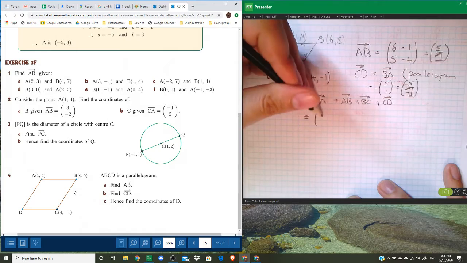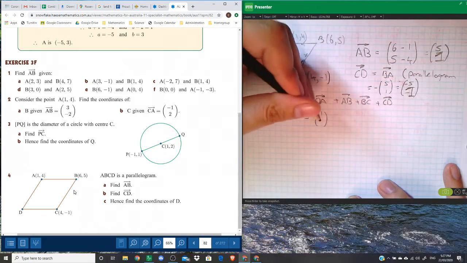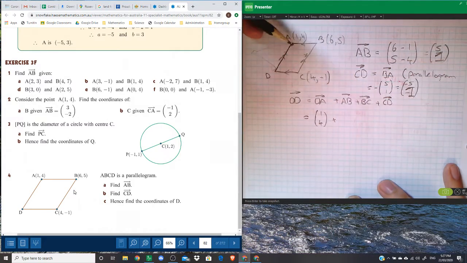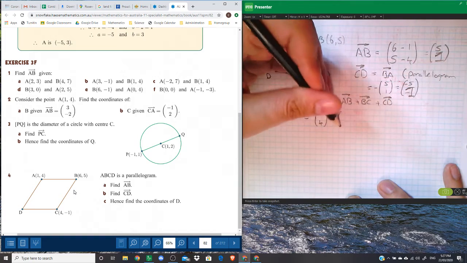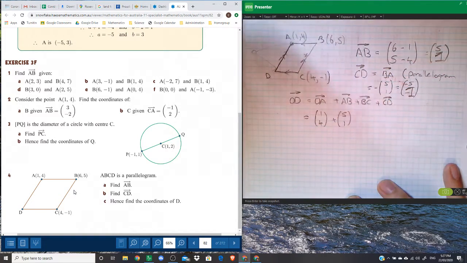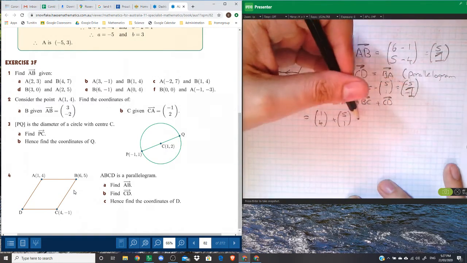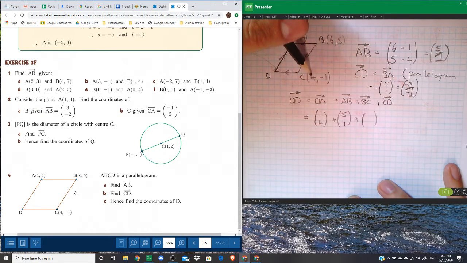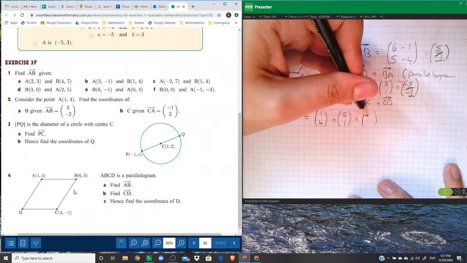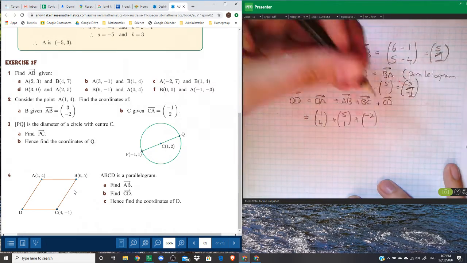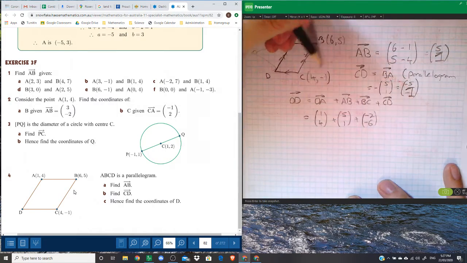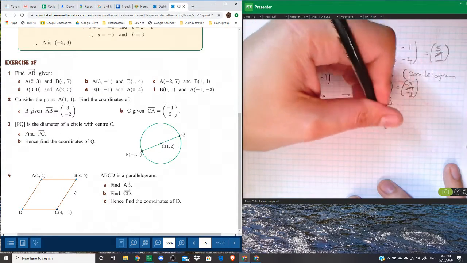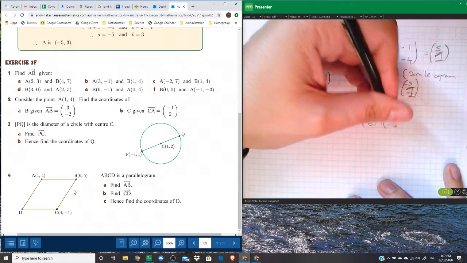The position vector of A is 1, 4, plus, we found AB, which is 5, 1. BC we haven't done so far. It's not too hard. 4 take 6 is -2. 1 take 5 is -6. Plus DC is -1, 5.